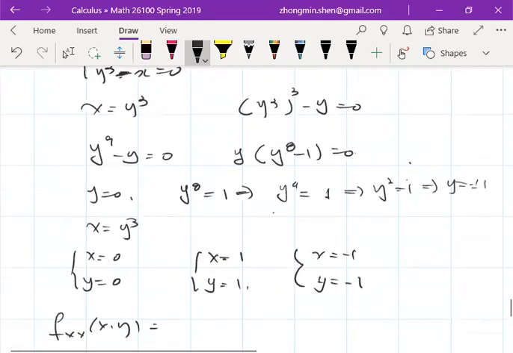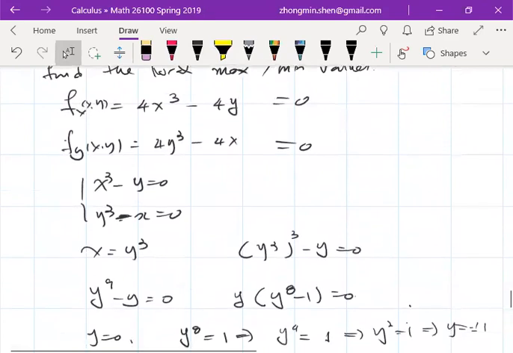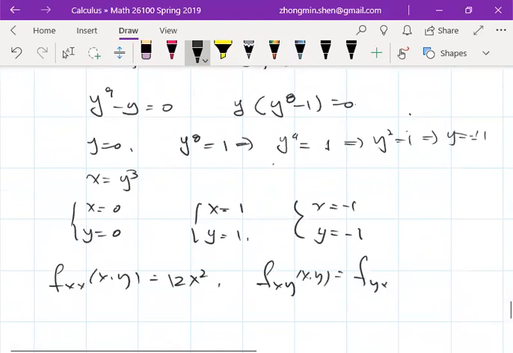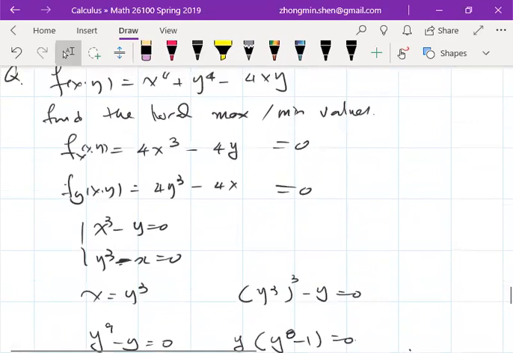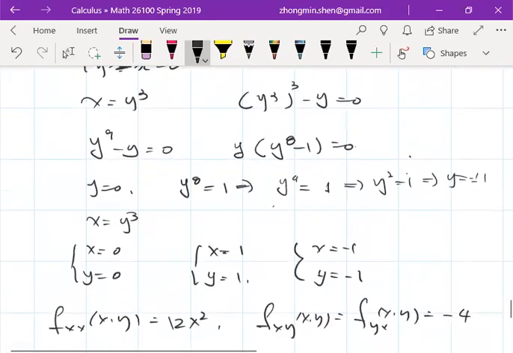So I need to get f sub x. f sub x is going to be 12x squared. f sub yx is the same as f sub xy. When I differentiate with respect to y, I get -4.